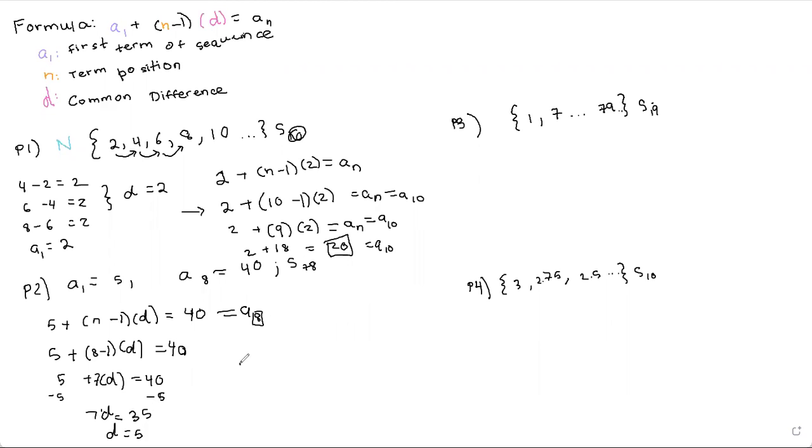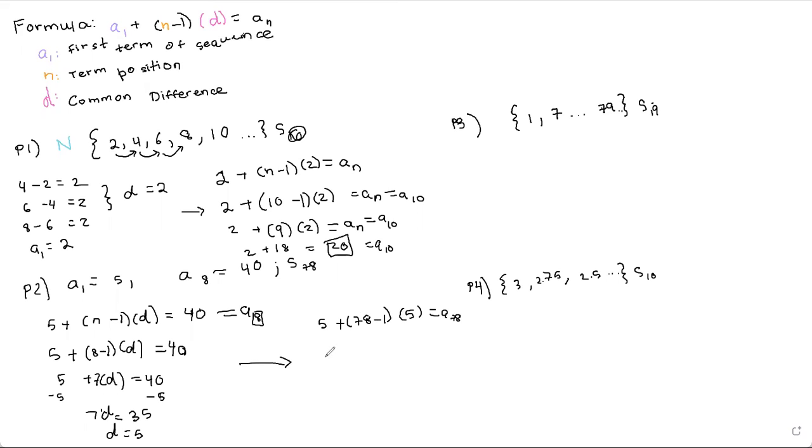So we'll write our formula: 5 plus n minus 1, or 78 minus 1, times 5 is equal to a78.